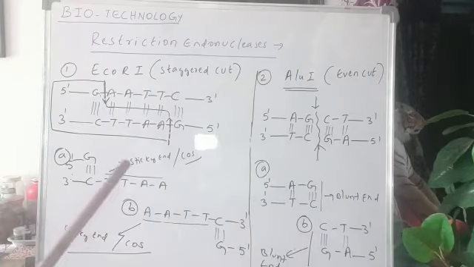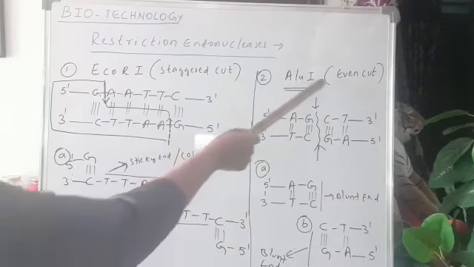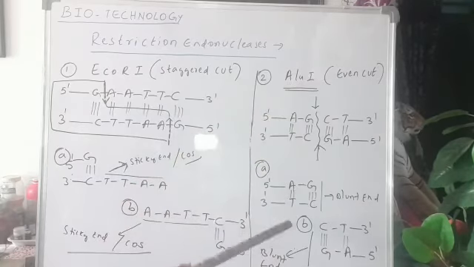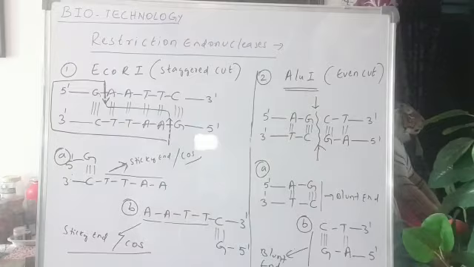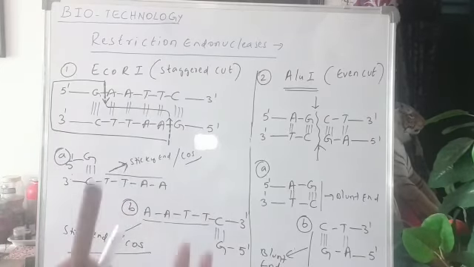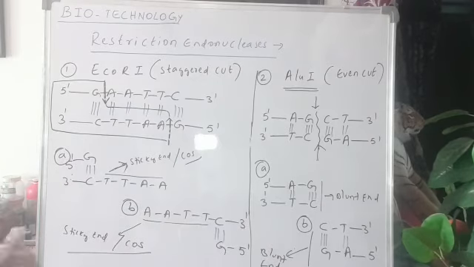Whereas the one EcoR1 created in the fragments was a sticky end. But this AluI has created fragments with which end? Blunt ends, sharp ends. And the cut is known as an even cut. So what we understood from these two examples is that there are a few restriction endonucleases which cut in an uneven or staggered manner and produce fragments with sticky ends, like EcoR1.